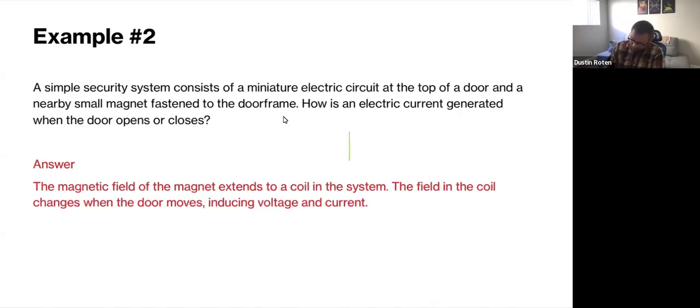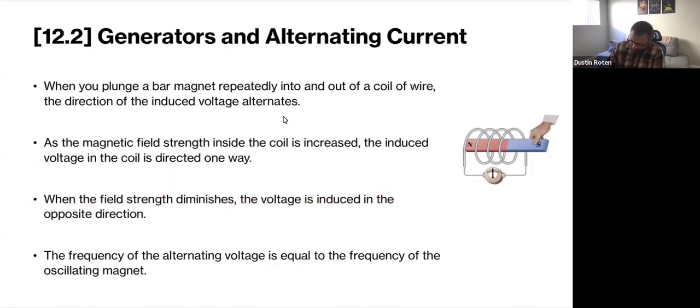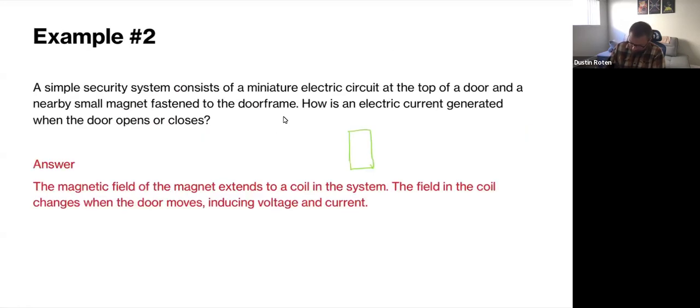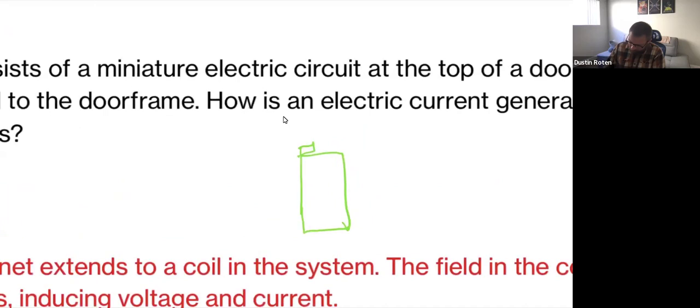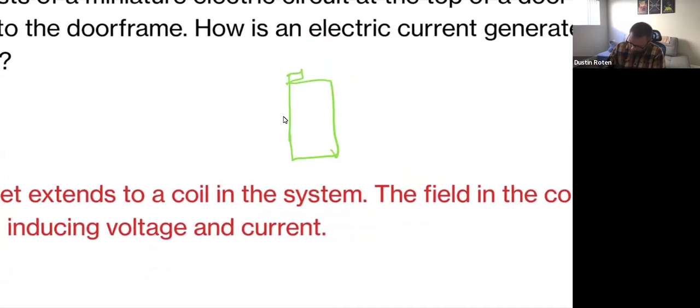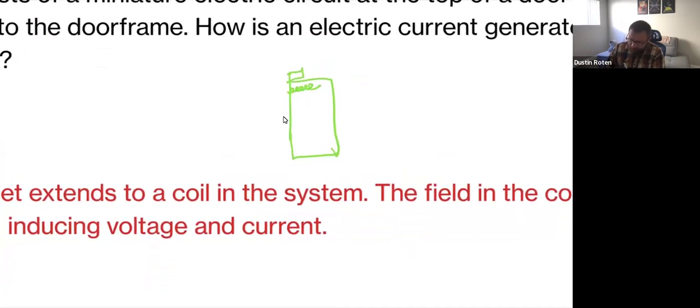Okay, so it sounds like we have a door and a magnet up here, and then a little mini electric circuit on the door. So there's a coil of wire.